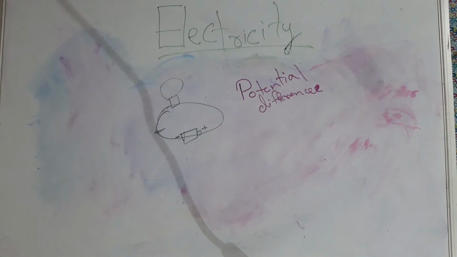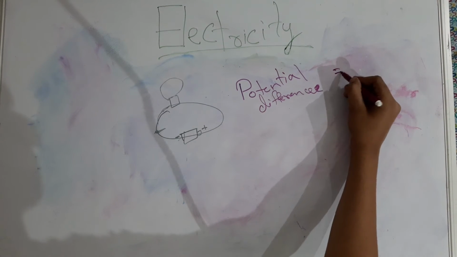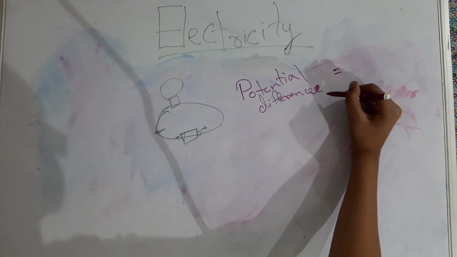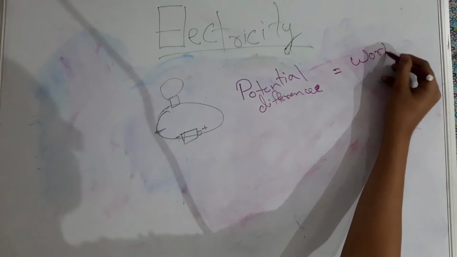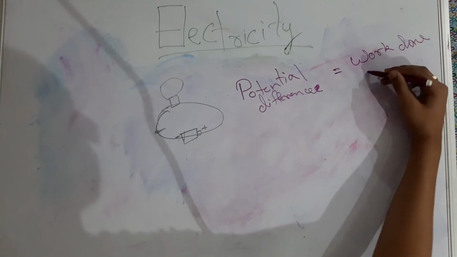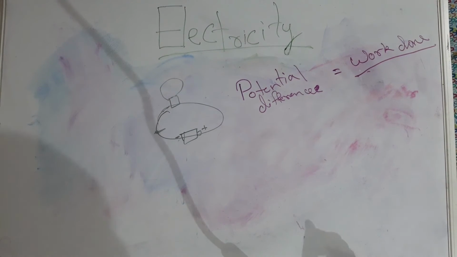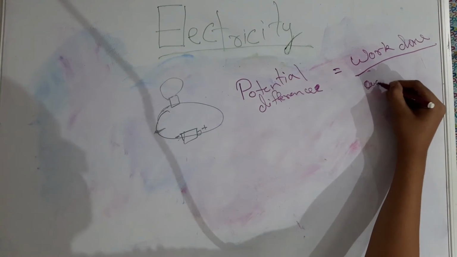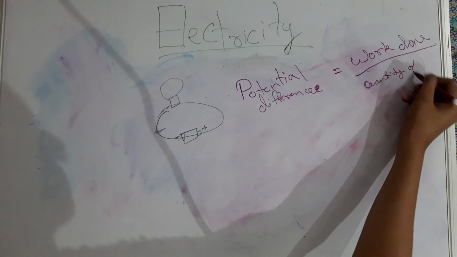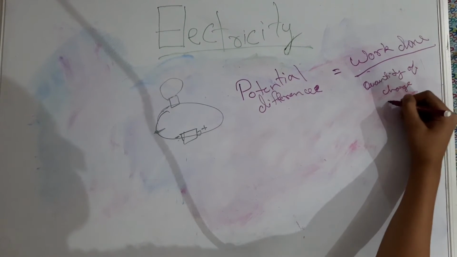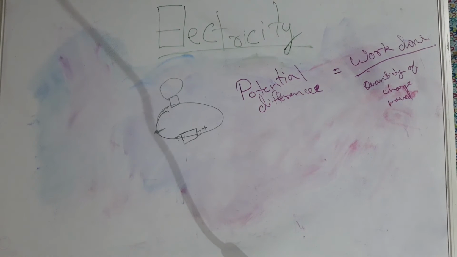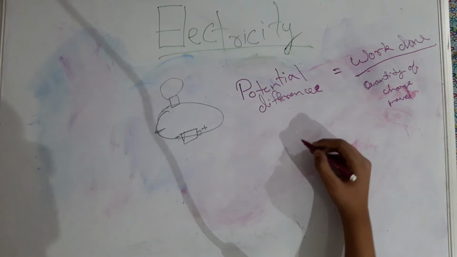So to understand potential difference, let me make an equation. The potential difference is nothing but work done by quantity of charge moved. You just have to remember this. It is not so fishy, it's very easy. The SI unit for potential difference is volt.